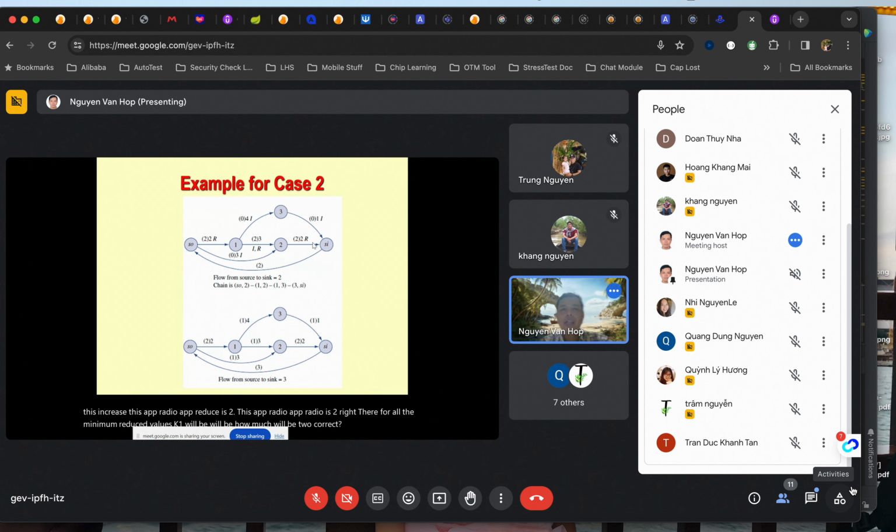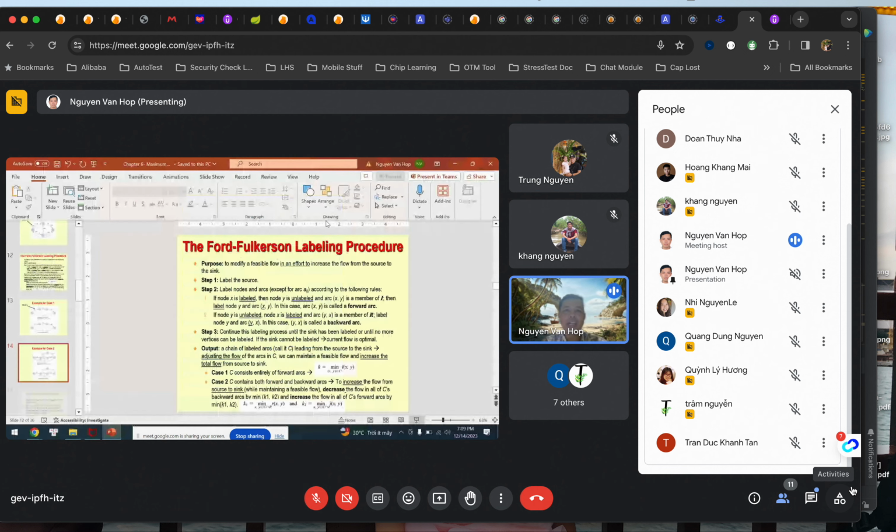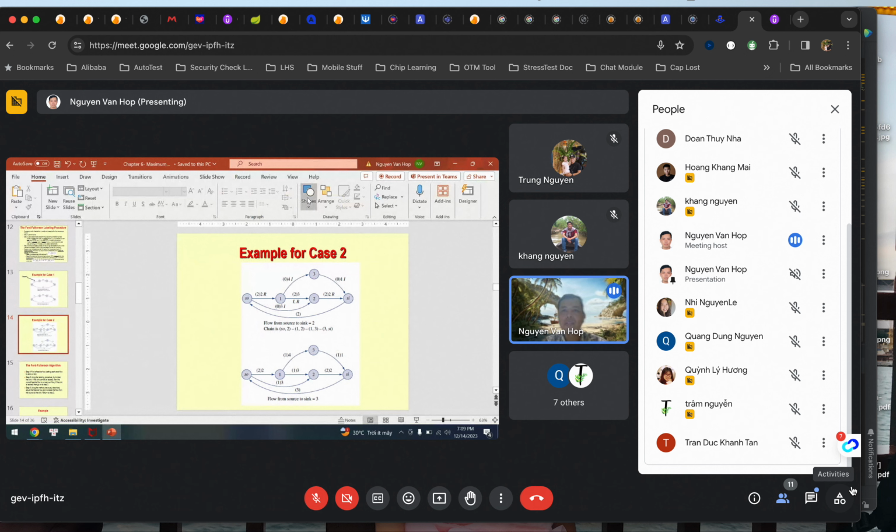But for the increased arcs, the increased value for this one is 4, for this one is 1, for this one is 1, and for this one is 3. Therefore, what is the minimum K2? Let me write it down for you.